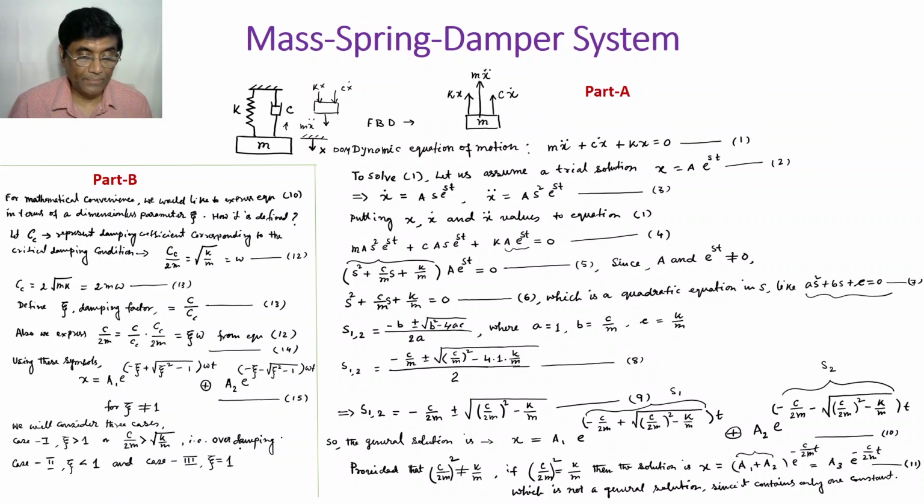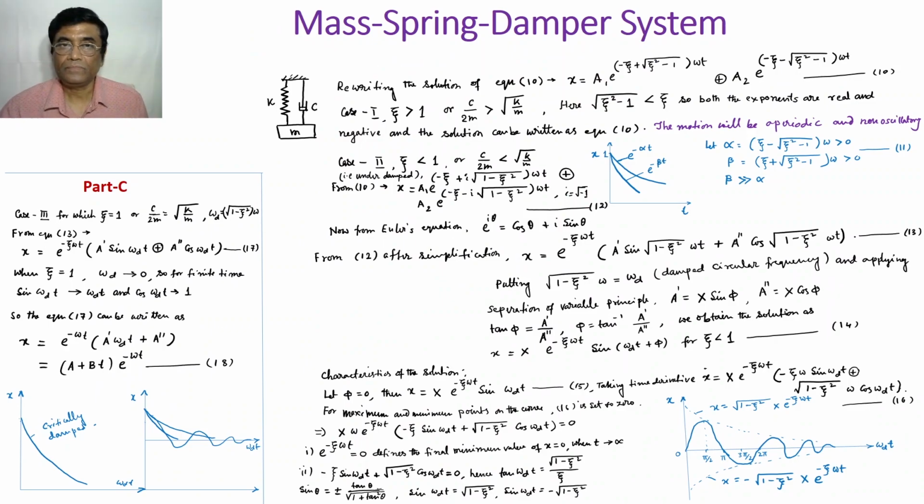The solution will be overdamped, corresponding to the overdamping situation. Zeta could be less than 1, and we call the system underdamped. And third case, zeta equals 1.